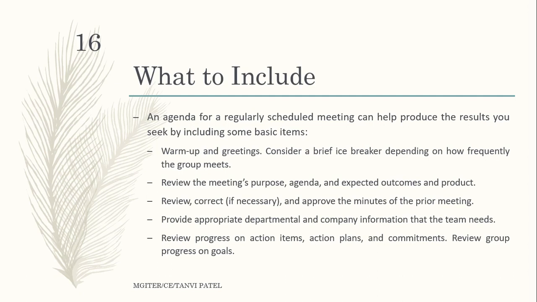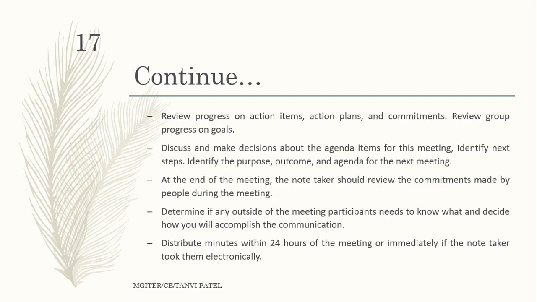Review group progress on goals. Next, review progress on action items, action plans and committees. Next, discuss and make decisions about the agenda items for the meeting. Identify next steps. Identify the purpose, outcome and agenda for the next meeting. At the end of the meeting, the note taker should review the commitments made by people during the meeting.